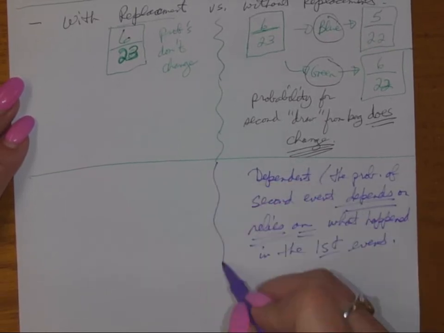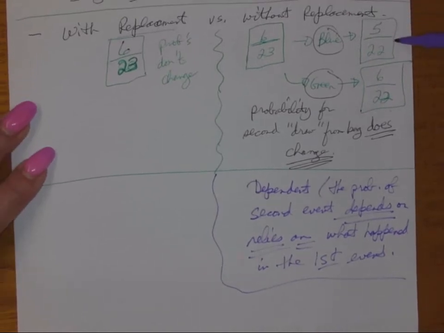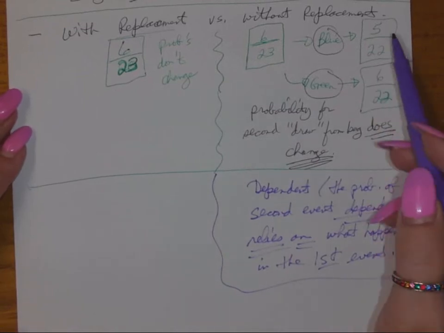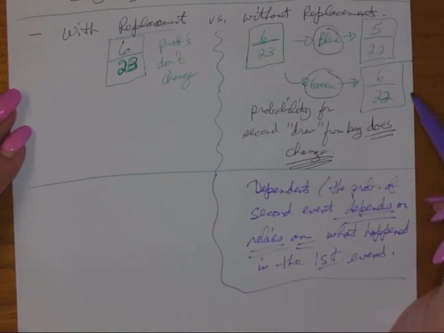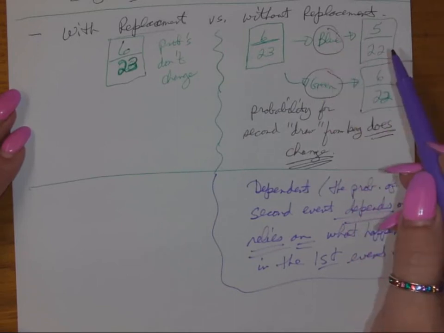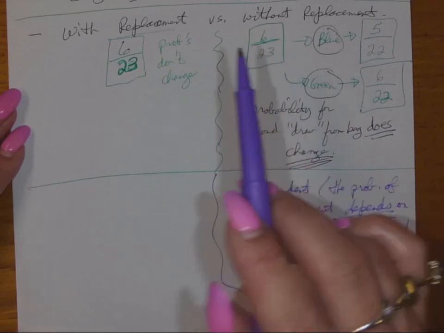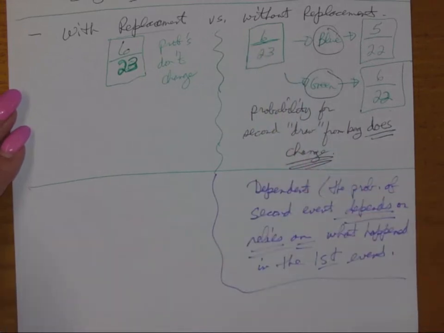That's dependent. Okay? And it depends, right? If I pulled a blue, I get this. If I pulled a green, I get this, and so on and so forth. It's changing, this probability is changing depending on what happened here. Okay? So this probability depends on what happened in the initial draw, basically. The first event was I pulled a marble out, right?